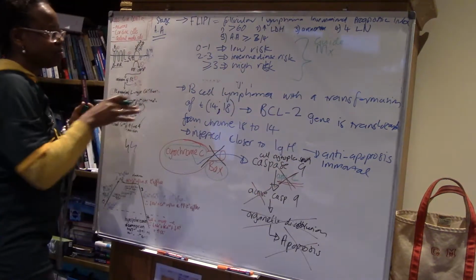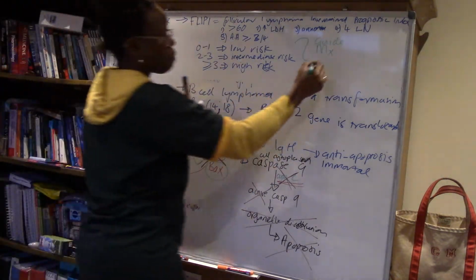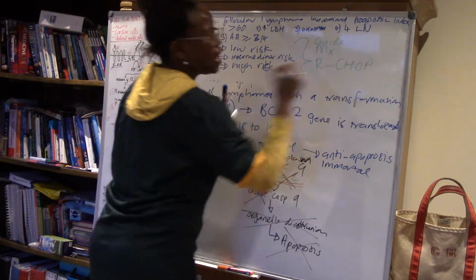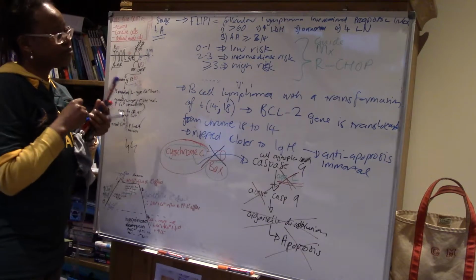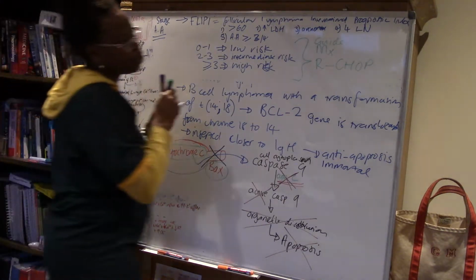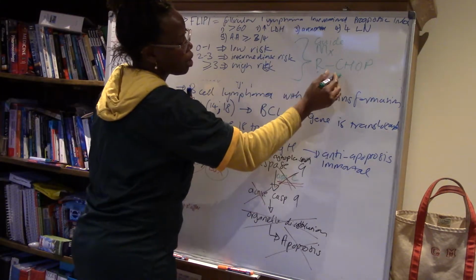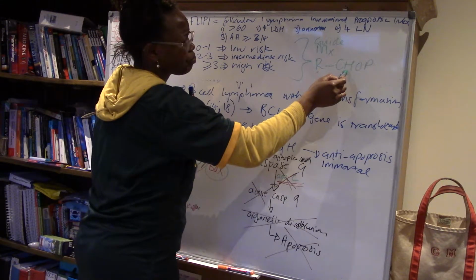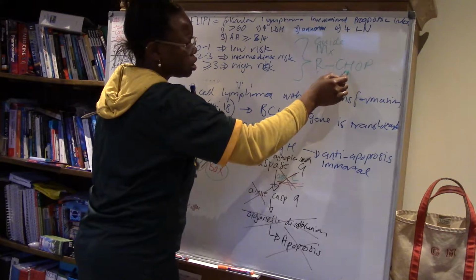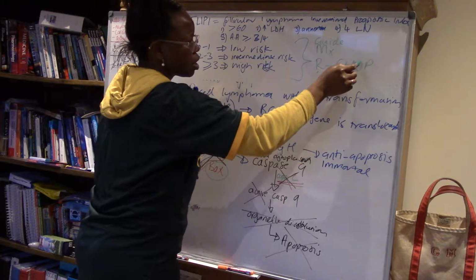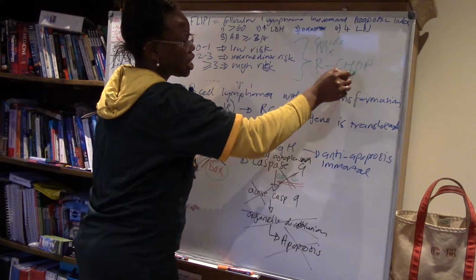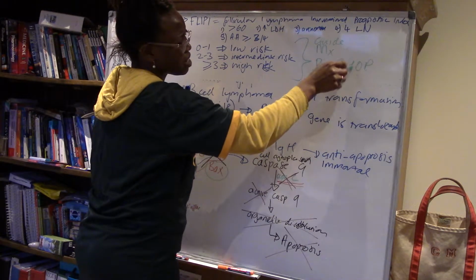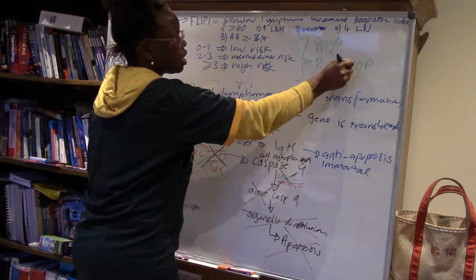And the management for follicular lymphoma is R-CHOP. Usually this is rituximab, this is cyclophosphamide, this is, I've forgotten the name, this is prednisolone, this is vincristine.